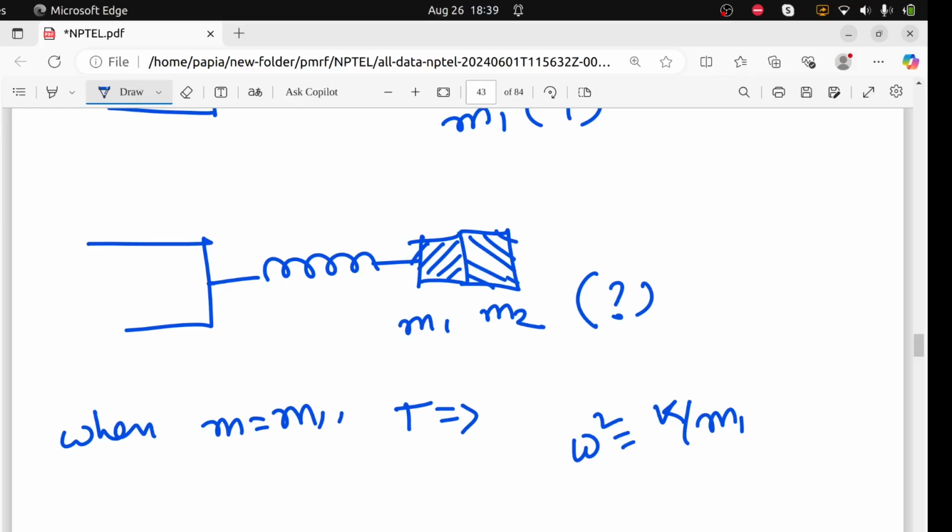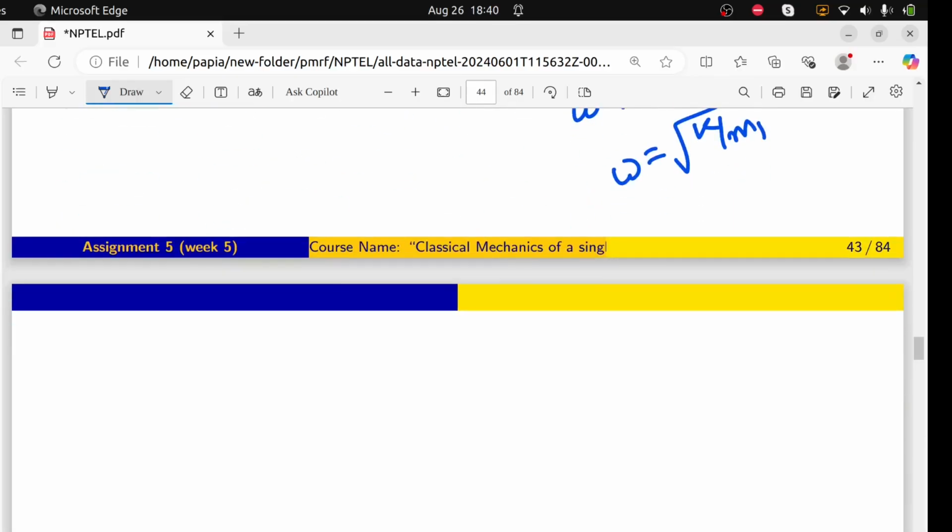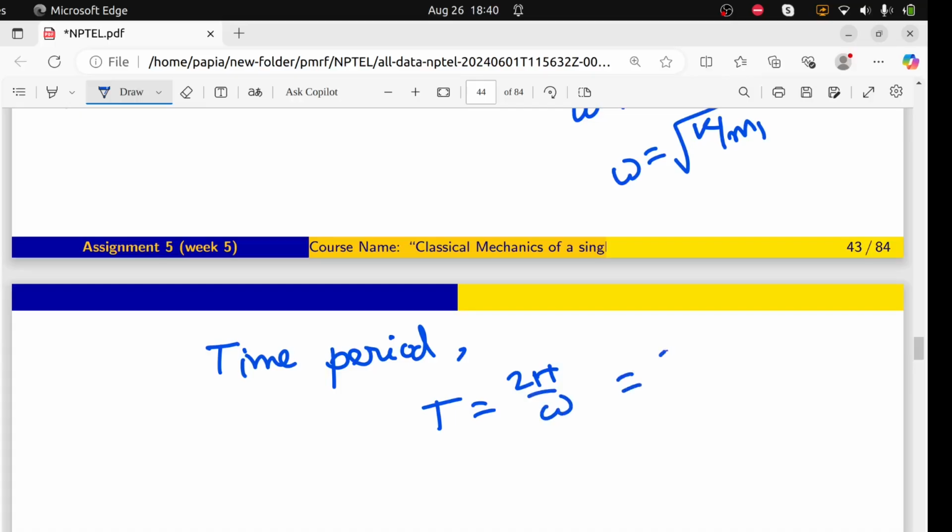Omega square is k by m1. So omega is root over k by m1. Now time period T is 2 pi by omega. So 2 pi times root over m1 by k, right? So this is our old T.